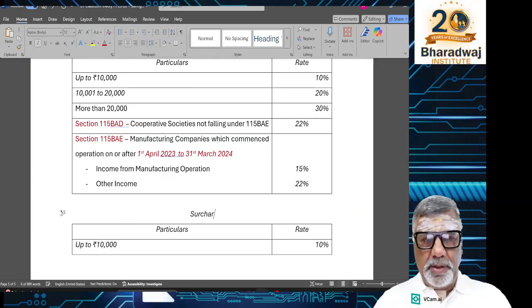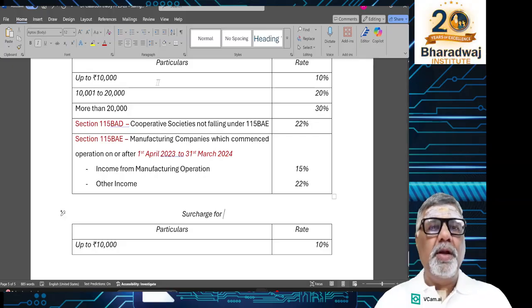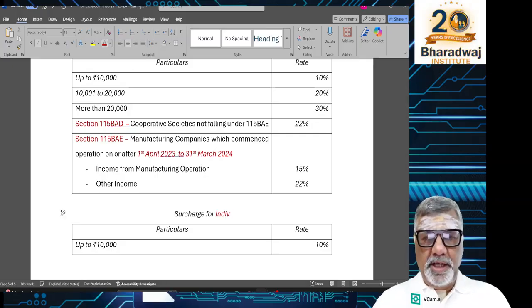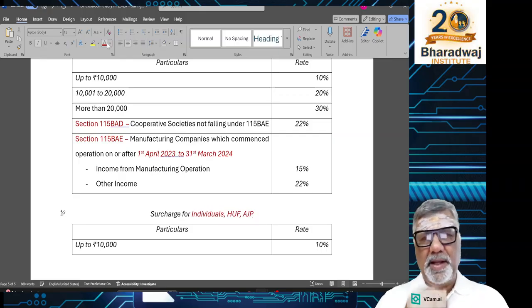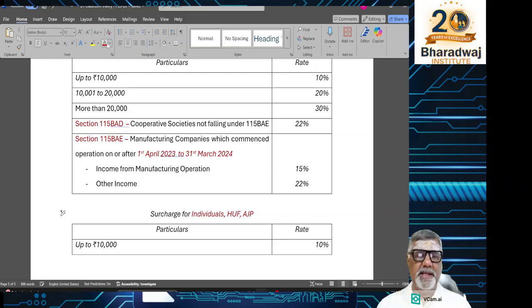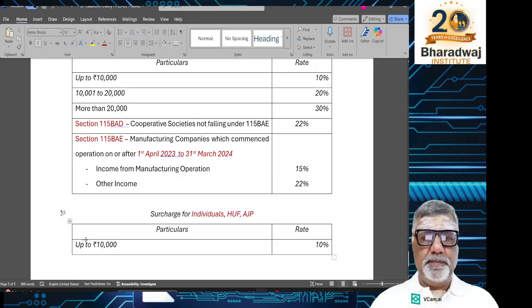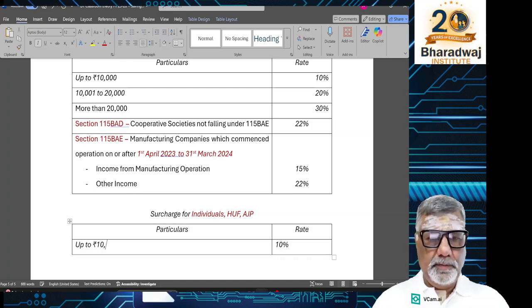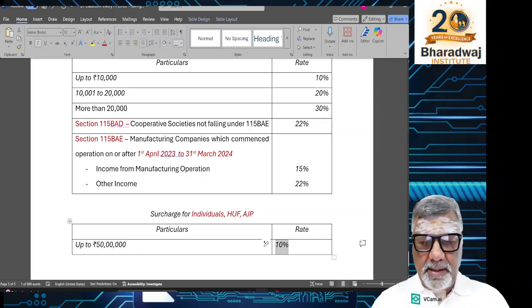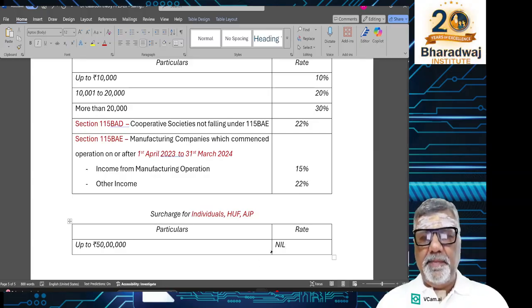First, I am working out surcharge for individuals, HUF, AJP, and also AOPBI. AJP is artificial juristic person. Up to rupees 50 lakhs, surcharge is nil.